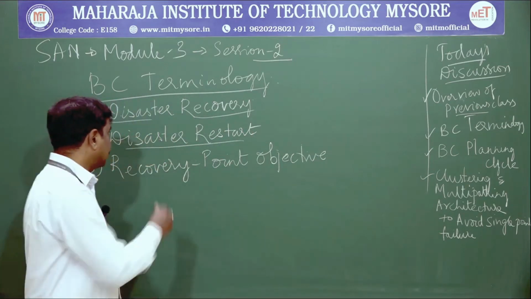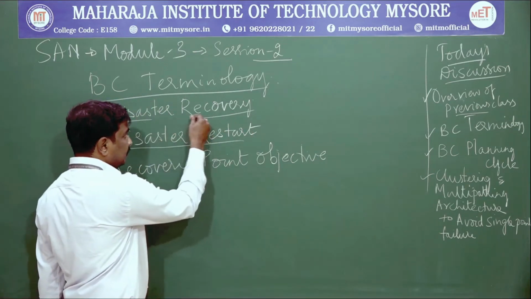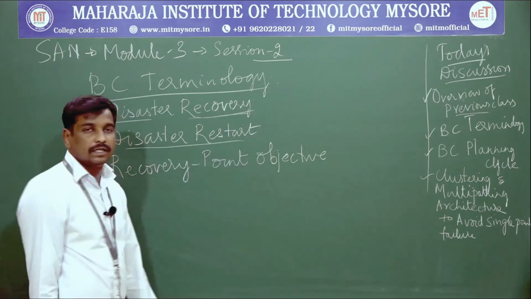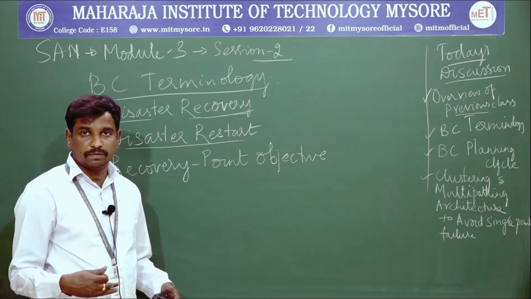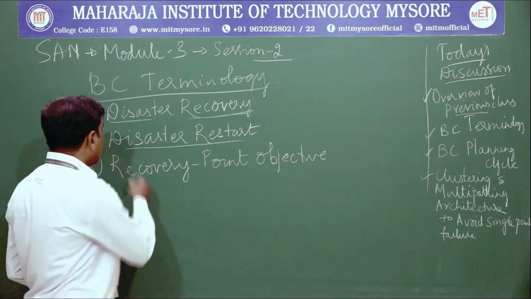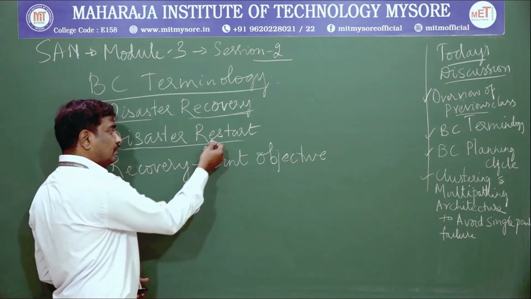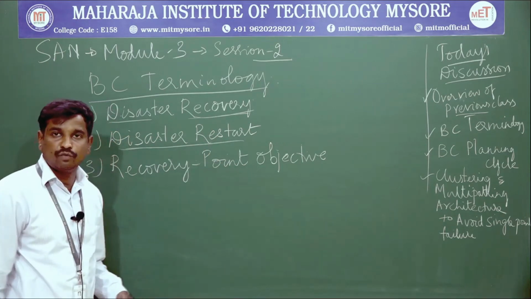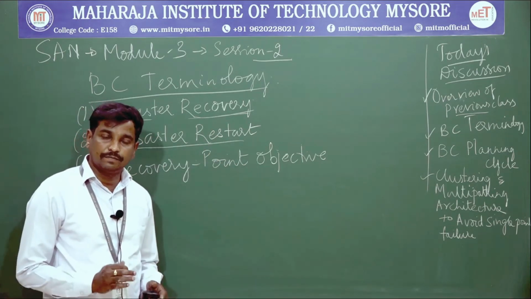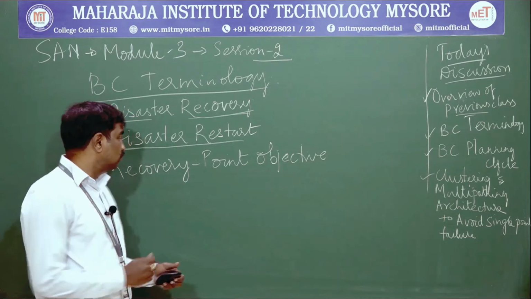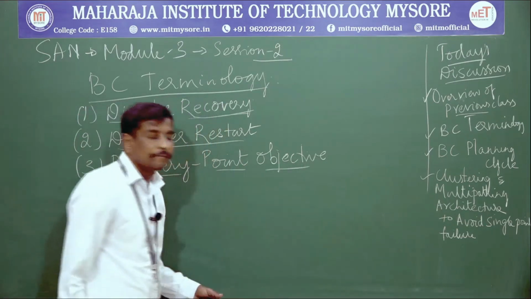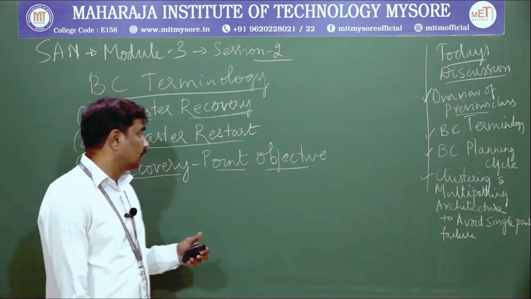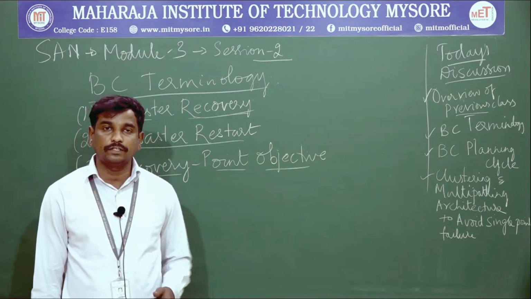As we discussed, we have to recover the data to increase the performance of business continuity, and we need to update data by using a restart, as we discussed regarding information availability. So the third one is recovery point objective.